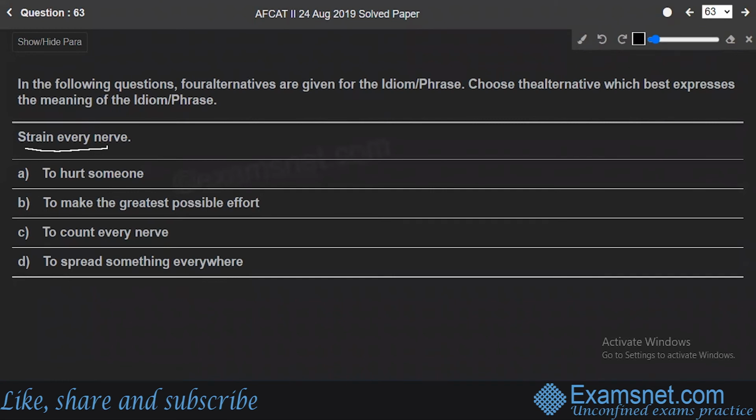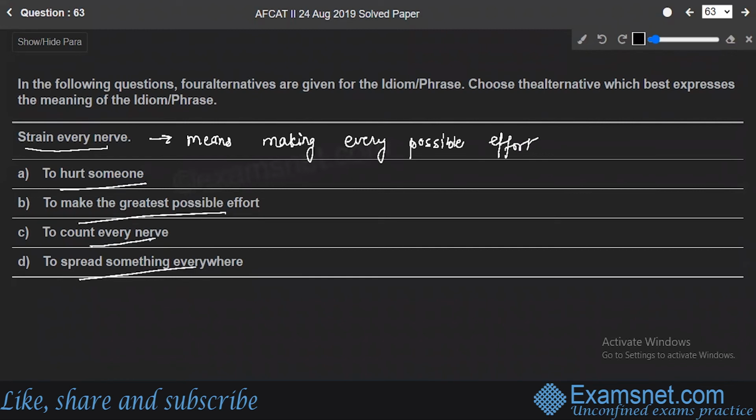It means to make every possible effort, trying to make every possible effort. Out of all these, option B, to make the greatest possible effort, is the best answer to the phrase strain every nerve. Let's make a sentence also so that it will be very clear.